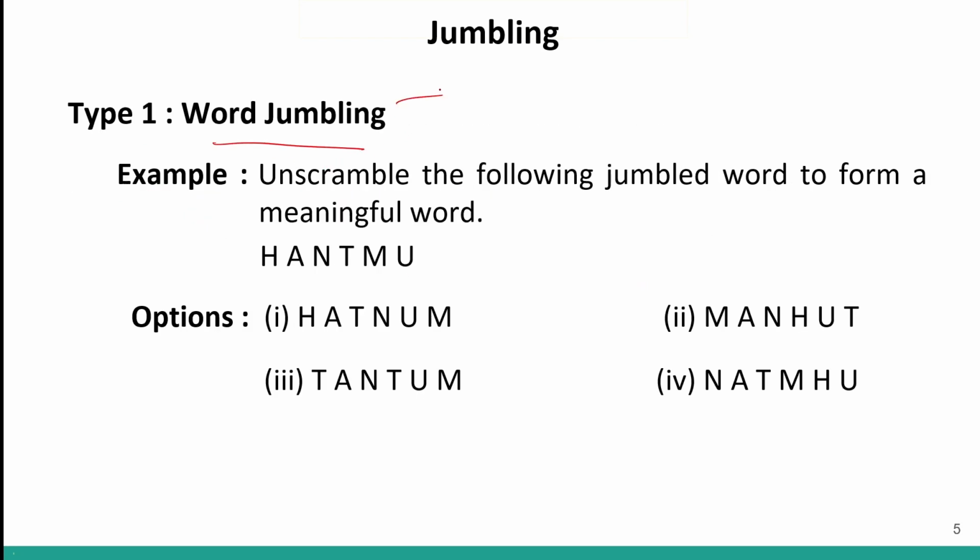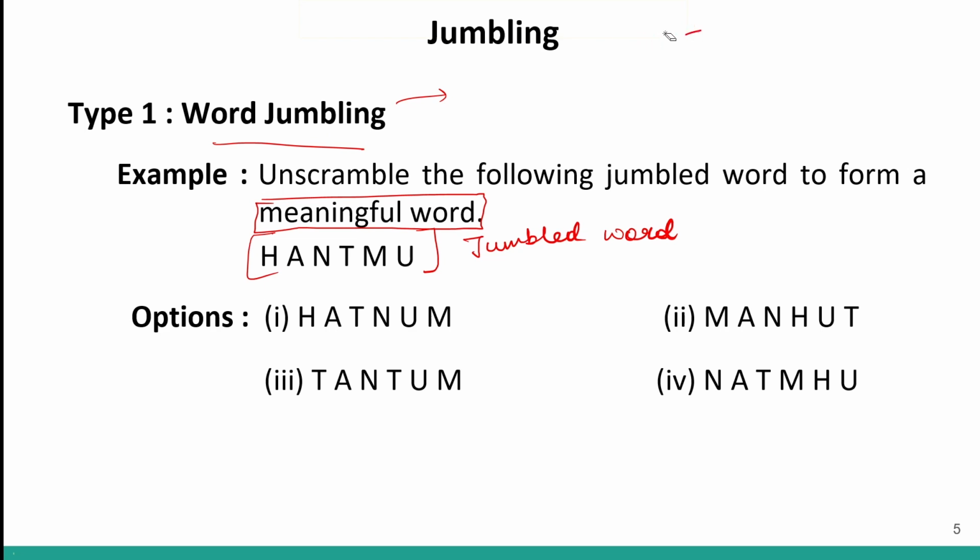Word jumbling means basically we are given a jumbled word, and we have to unjumble it or unscramble it to form a meaningful word. So all the alphabets in a word could be something like this.